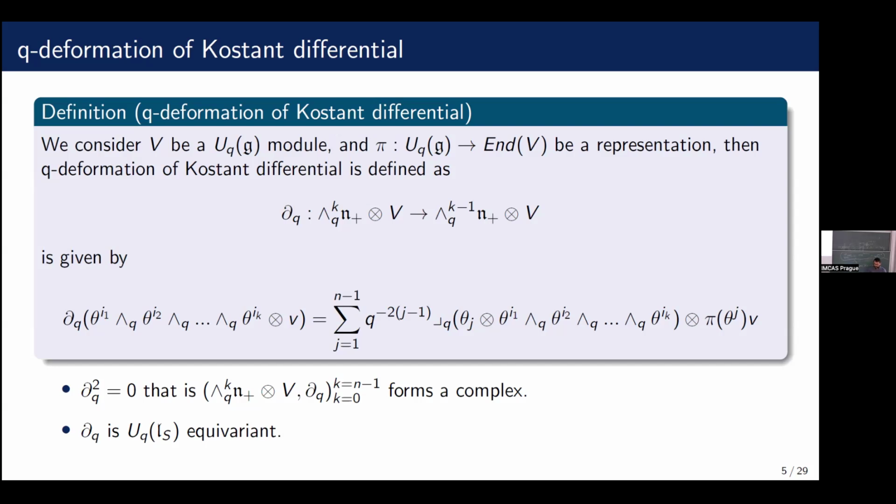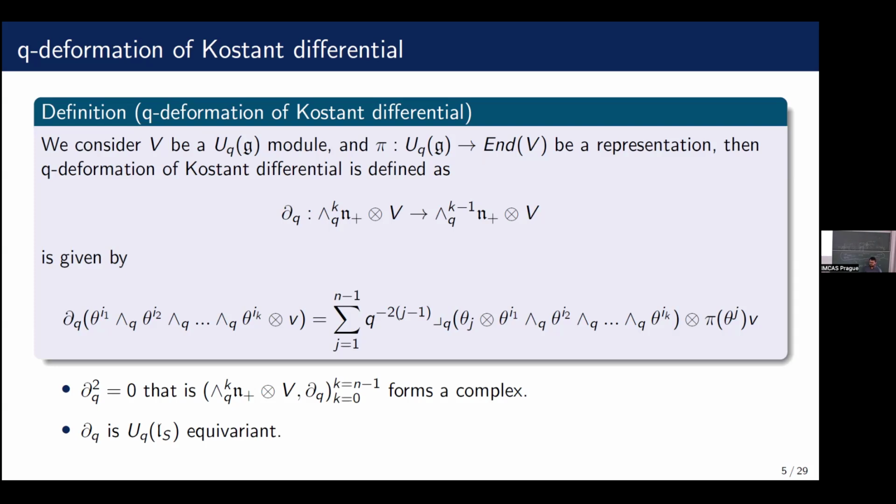If you look into the formula here, the contraction which is given by n minus, we use its corresponding n plus dual representation part that I was showing a few minutes before. So this guy is the dual representative of this theta_j.